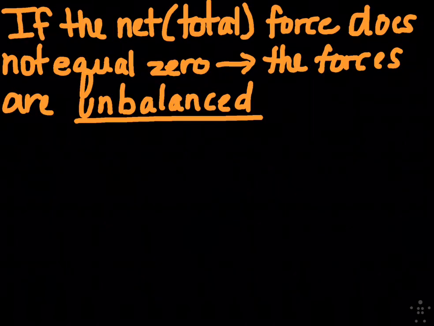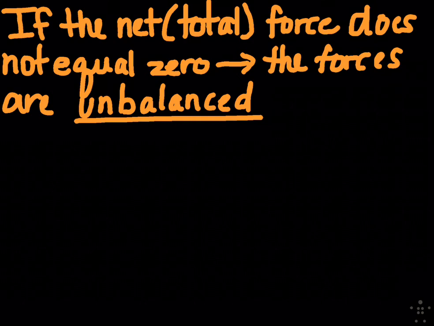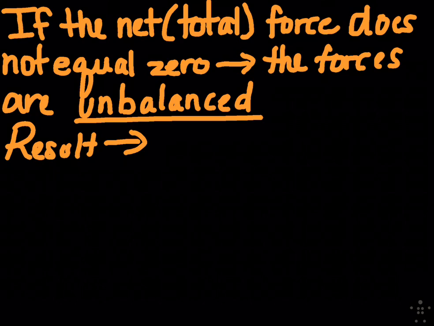If the opposite is the case, or in other words, if the net force or the total force, whatever you want to call it, does not equal 0, then the forces are going to be unbalanced, which means the result of unbalanced forces has to be a change in motion.